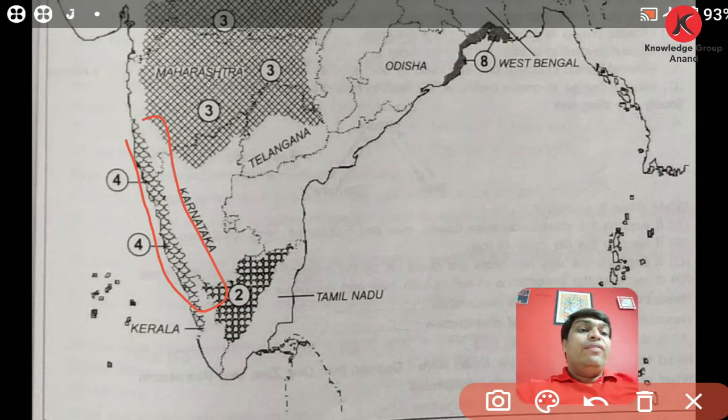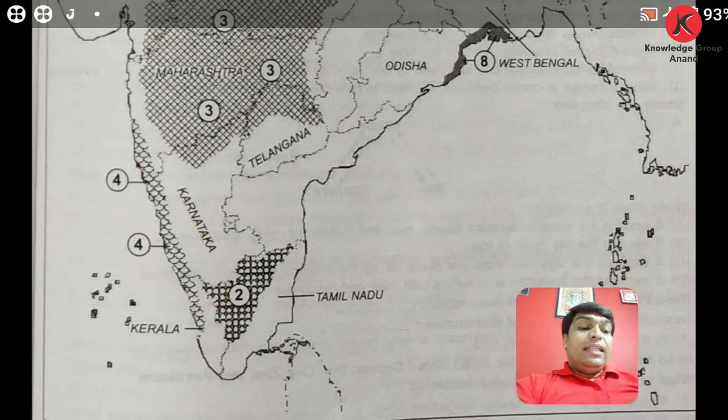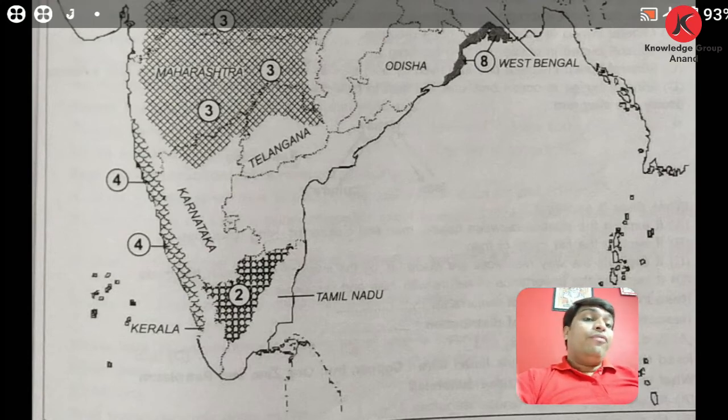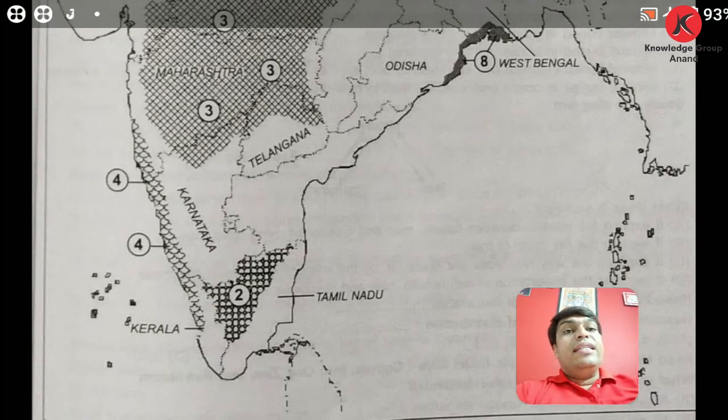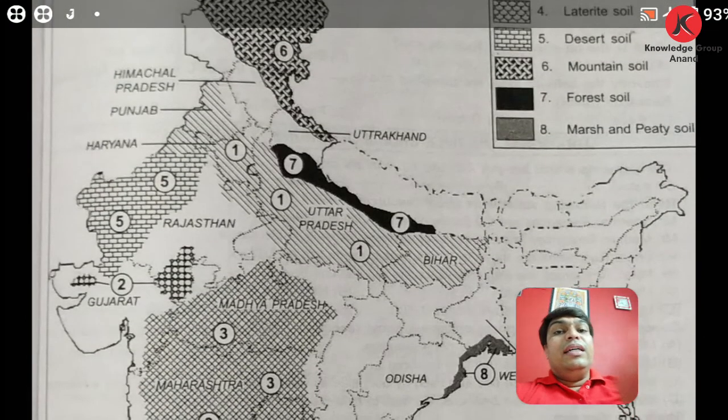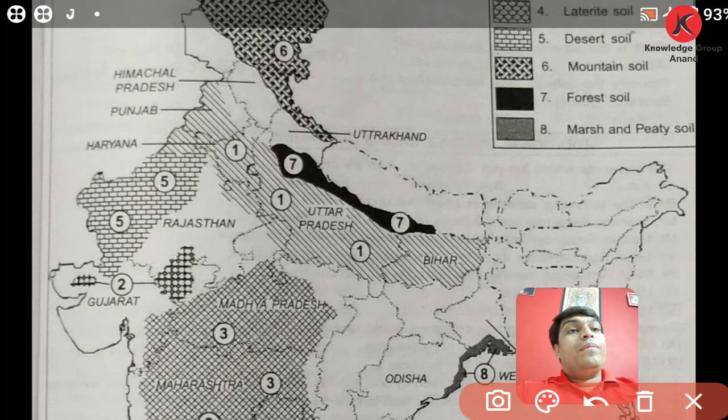The fertility is very less in this type of laterite soil. Friends, cotton, paddy, sugarcane, ragi, tea, coffee, such kinds of crops can be grown in this laterite soil if proper fertilizer is used.